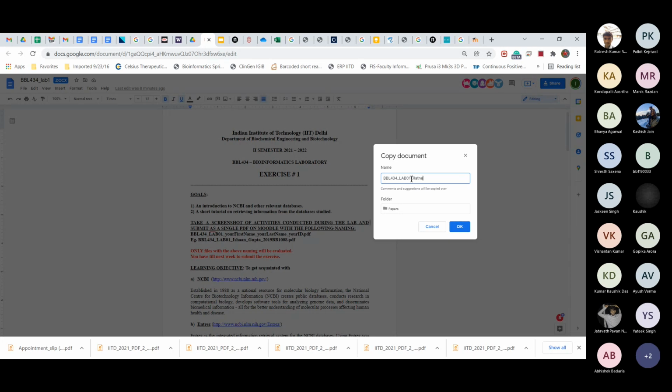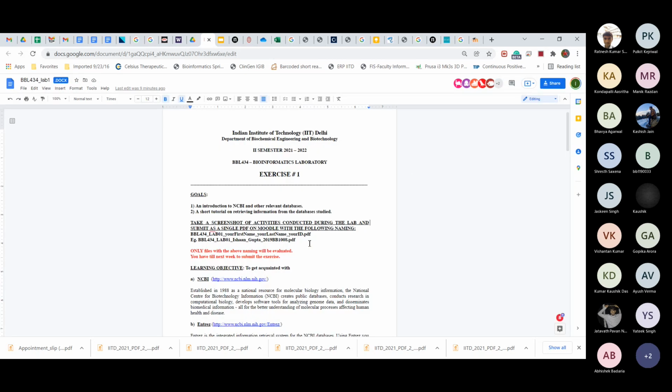Let us say Ratnesh was the first one. Ratnesh, first your full name, Ratnesh Kumar Sharma, underscore your ID. I don't know your ID, Ratnesh, so please forgive me. And then you can just have it as docx, right? So this is how you save the file.